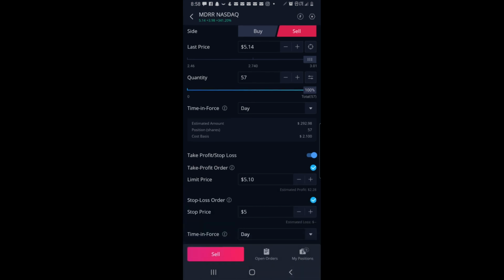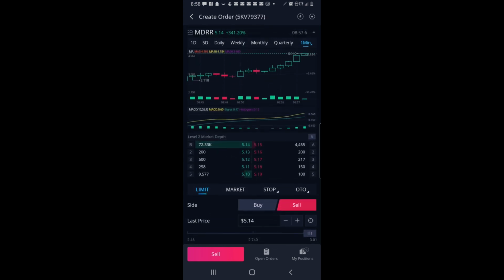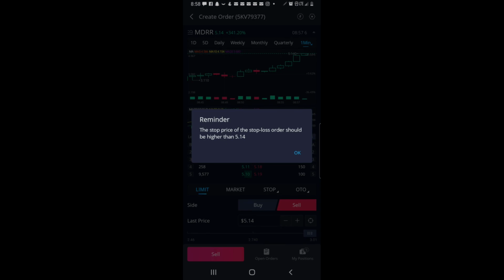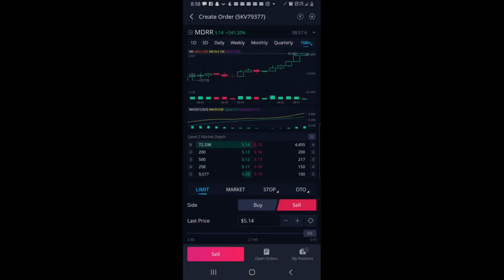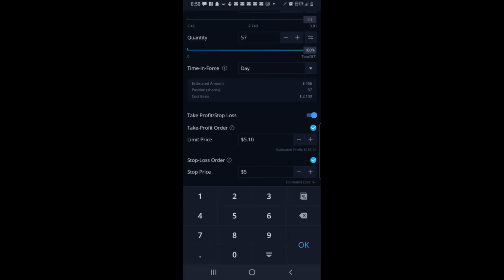I hate when they don't let you set it to what you want to set it to. They usually have a number they want to set it to, and they'll keep giving you these reminder messages so they can set it. So I'll keep watching that, and then I'll set it when I'm comfortable with.